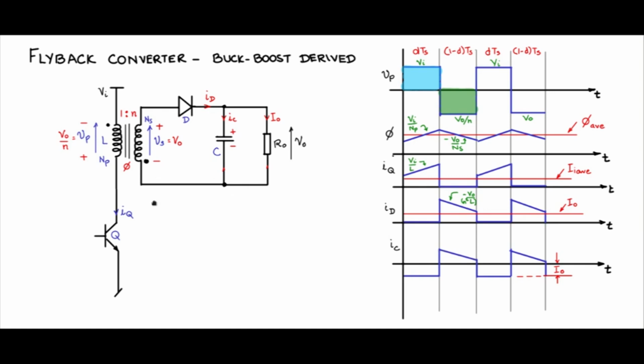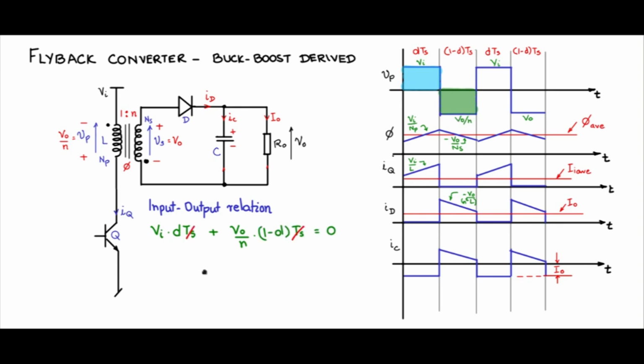Now let us try to find the input output voltage relationship. First the voltage: we apply volt second balance to the voltage waveform across the inductor. You can choose either primary or secondary. So let us say we take the primary voltage across the inductor. During dTs we have Vi, during (1 minus d)Ts we have V naught by N. So you have Vi into dTs plus V naught by N into (1 minus d)Ts equal to 0, volt second balance.